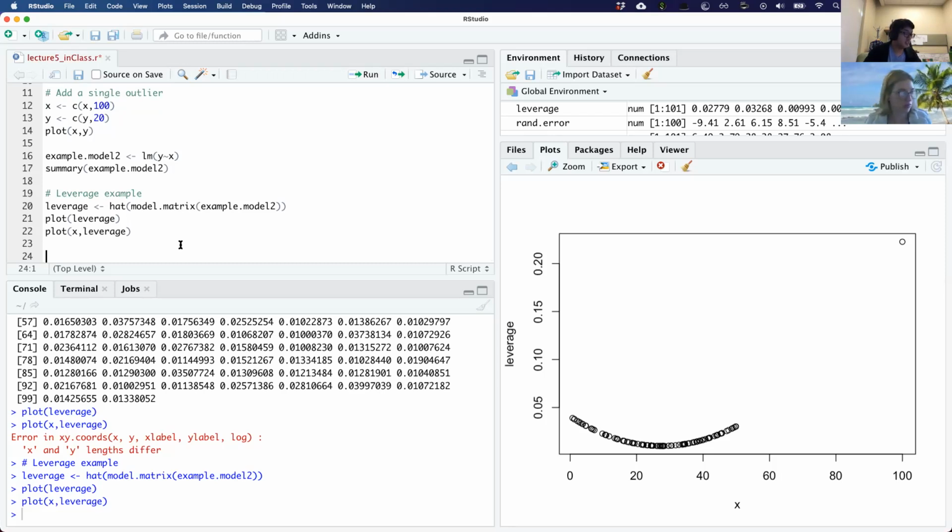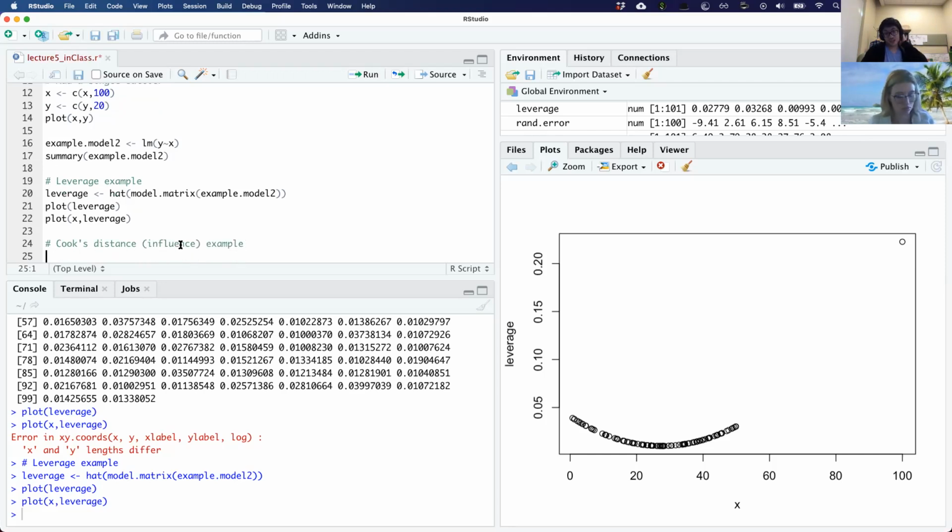With Cook's distance, or influence, usually we think of characterizing it via a cutoff point.